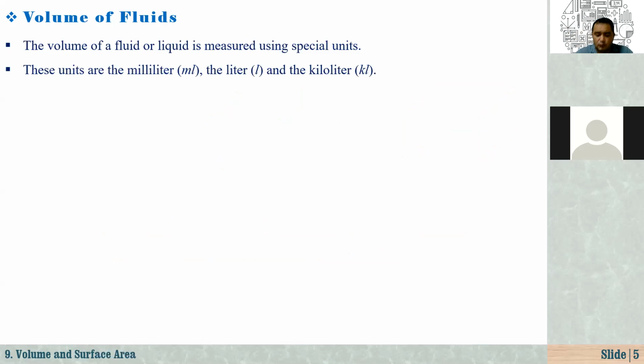Let's see what units we usually use to measure the volume of a fluid. We know that for distances we use centimeter, meter or kilometer. How about for volume? We use milliliter, liter or kiloliter.